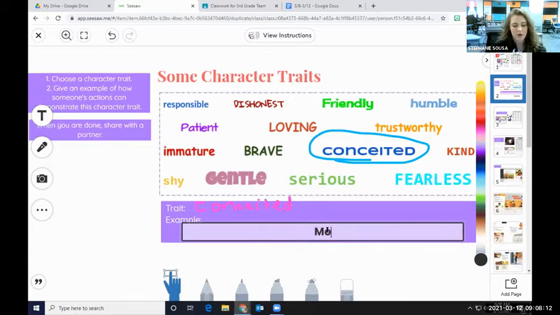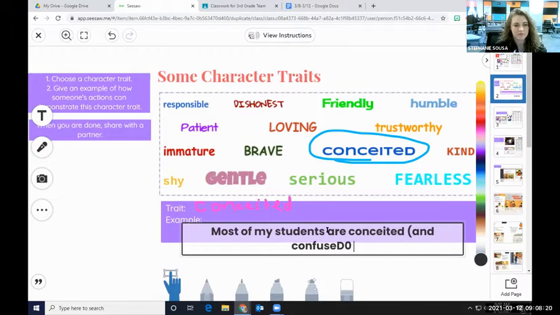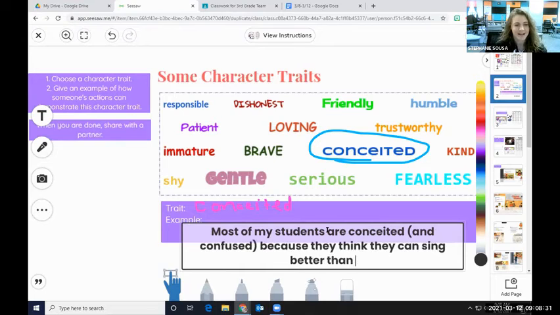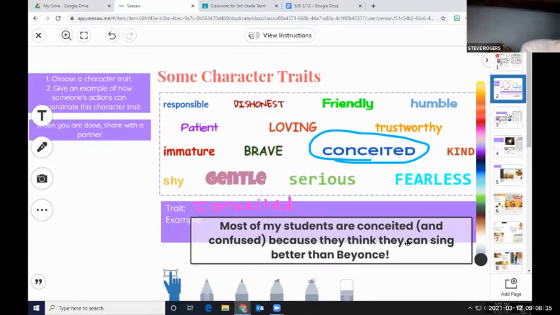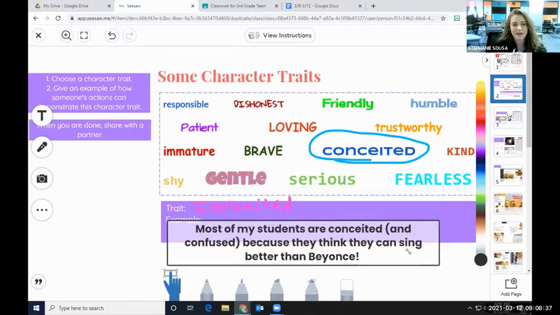Most of my students are conceited, I'm right, and confused because they think they can sing better than Beyonce. That is conceited. It's crazy. So there's our character trait.